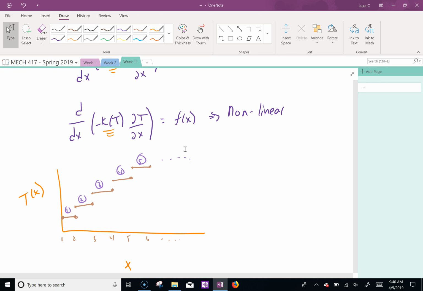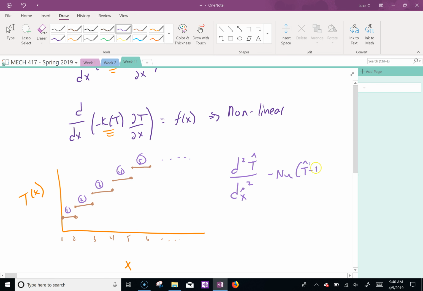This time, we're going to look at a differential equation, and if you remember this one, we're going to develop elements for that differential equation.